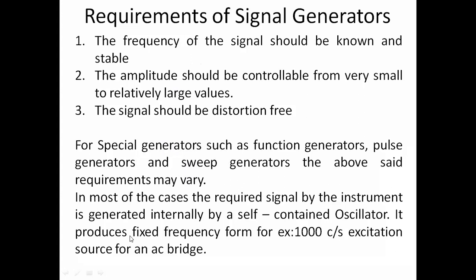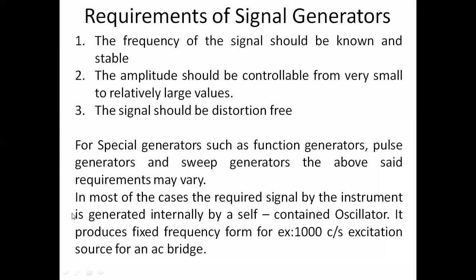In most cases, the signal required by the instrument is generated internally by a self-contained oscillator. Most instruments have a self-contained oscillator, which produces the oscillations, and by that we get the output.